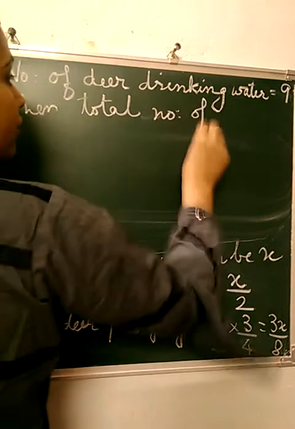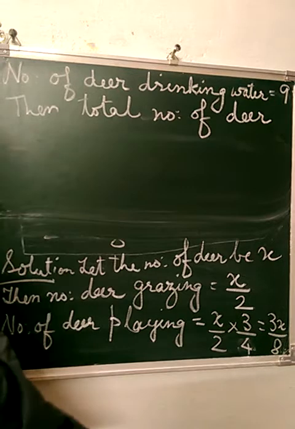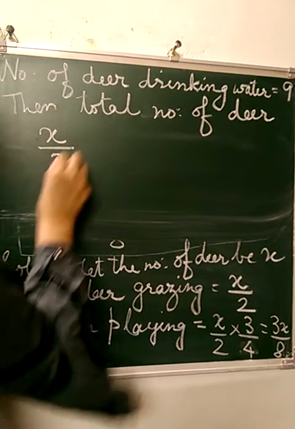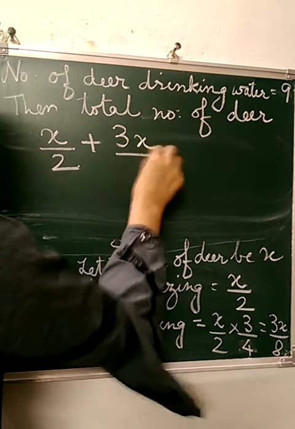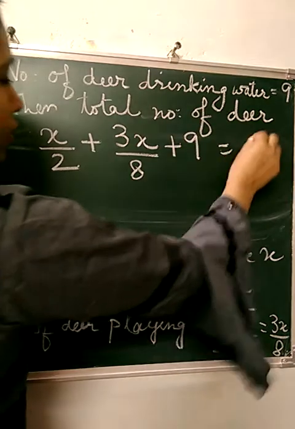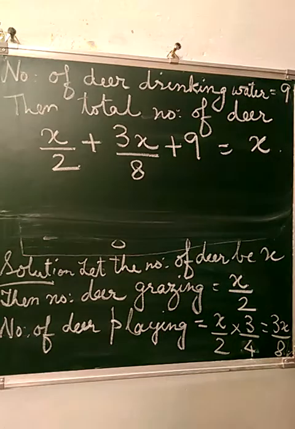Total number of deer in the herd is equal to those who are grazing, then playing, and who are drinking water, to the total. Here, from here we will get the value of x.